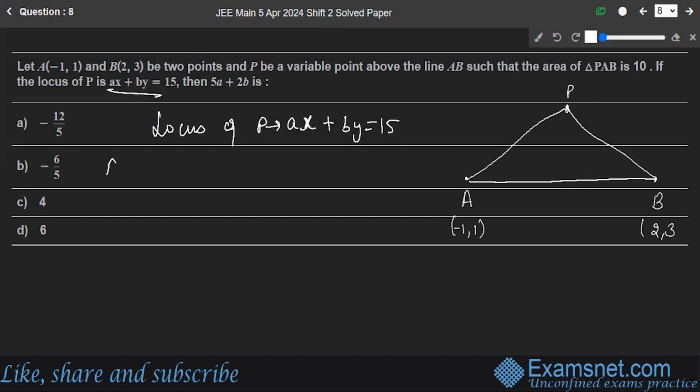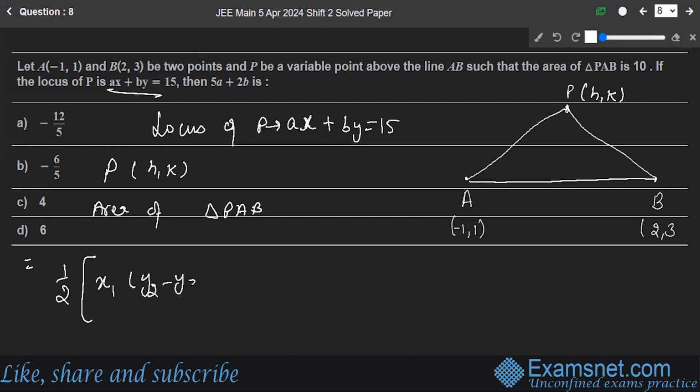Now let's take the point P to be some having coordinates H and K. Area of triangle PAB, it will be given by, because if I'm taking the coordinates as H and K, the general equation for the area when the coordinates are given to you, this is given by x1, y2 minus y3, x2, y3 minus y1, x3 into this.